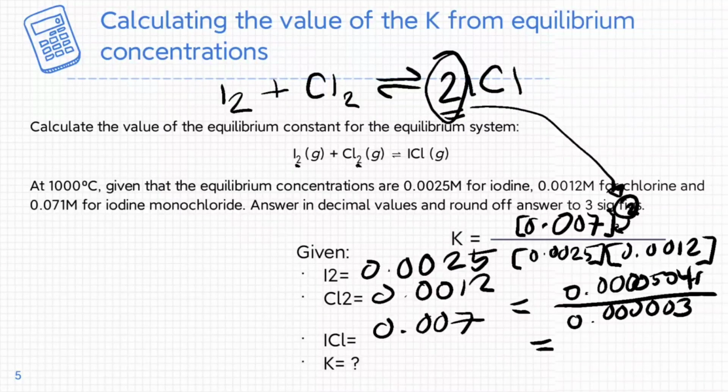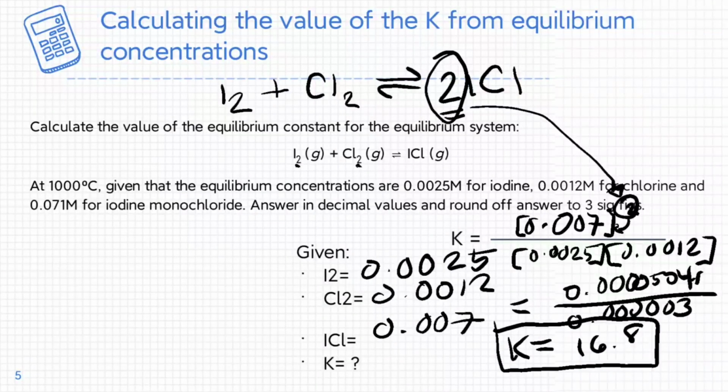Now, if you divide that, you will get 16.8. So, basically, that is your equilibrium constant value. And as you can see, it is greater than 1.